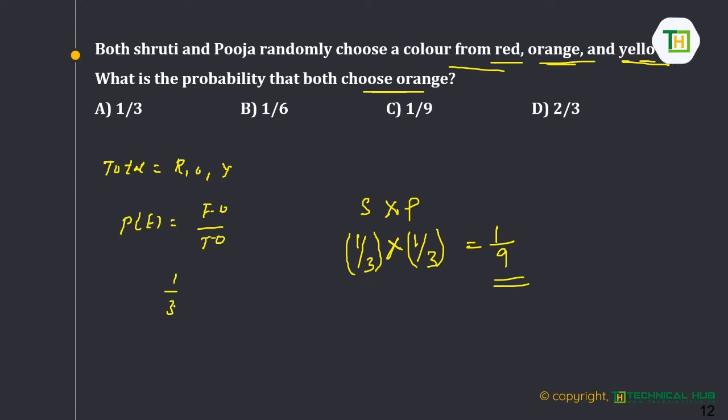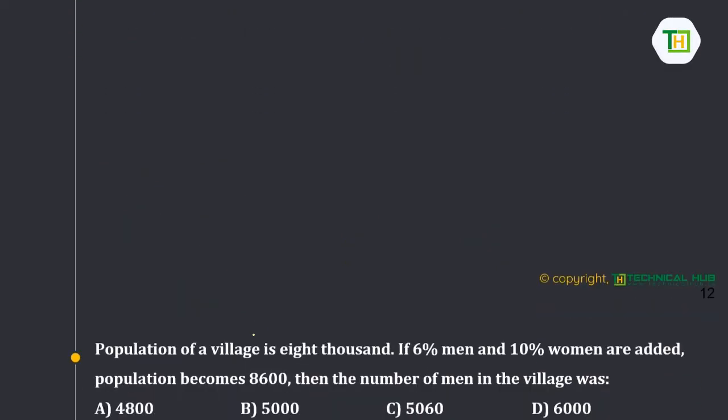Similarly, Pooja can also select orange only, so 1 by 3. Both means you have to multiply 1 by 3 into 1 by 3, that is equal to 1 by 9.